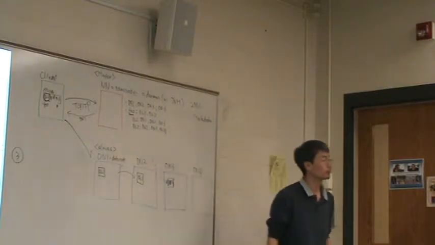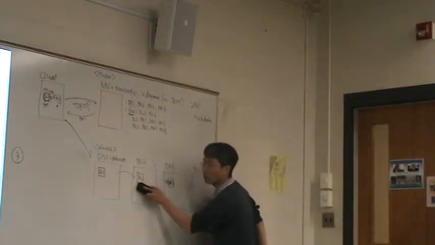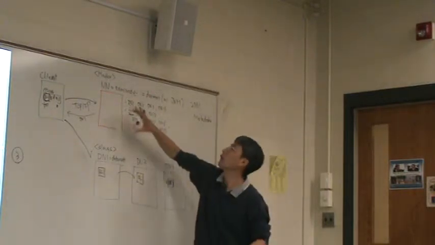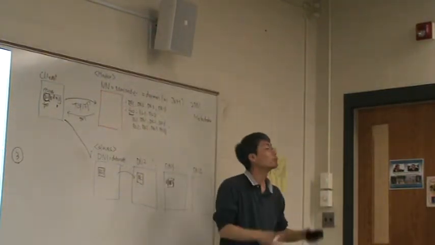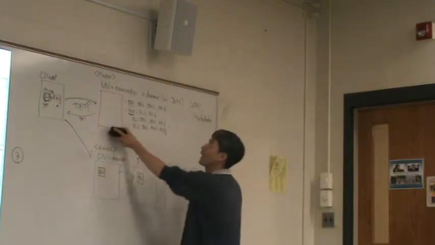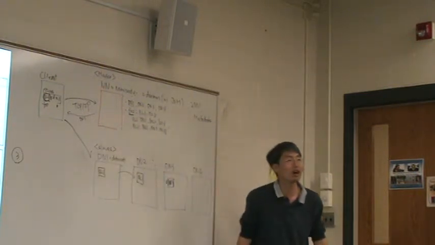Is there any signal to show the name node that the slave nodes successfully copied all the blocks? Yes. Once each block is copied, each node informs the name node: I have copied this block. So finally, the name node confirms this copy.